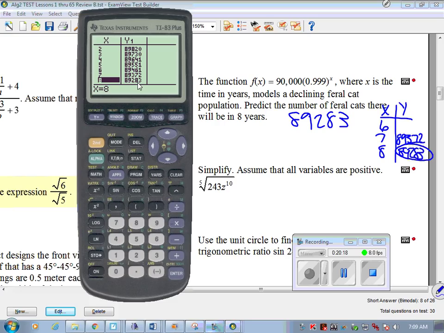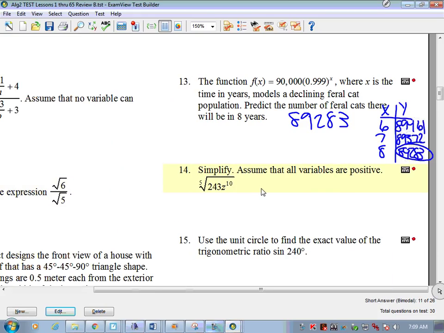And what do we have for our 6 year? 89,461. So that's showing me that I plugged this in my calculator, I followed the table of values to the eighth year, and got the number of cats. So that's how I want you to show me your work for that answer.